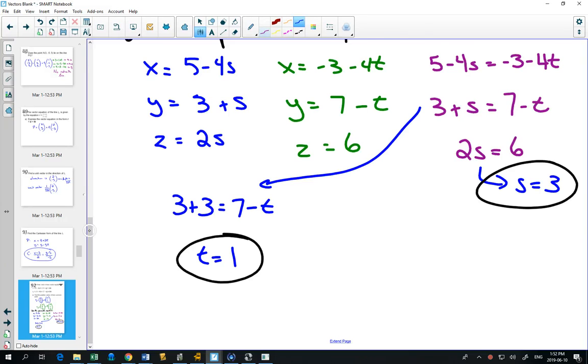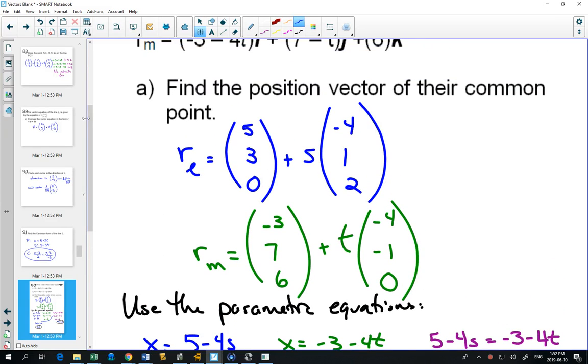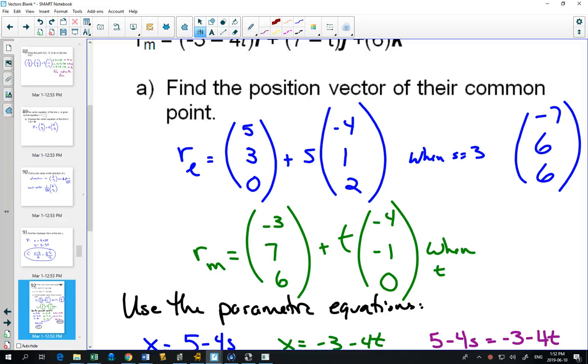Let's go back up to our equations. What happens when I plug in s equals 3? 5 minus 12, negative 7. 3 plus 3, 6. 0 plus 6, 6. What happens when I plug t is 1 into this equation?